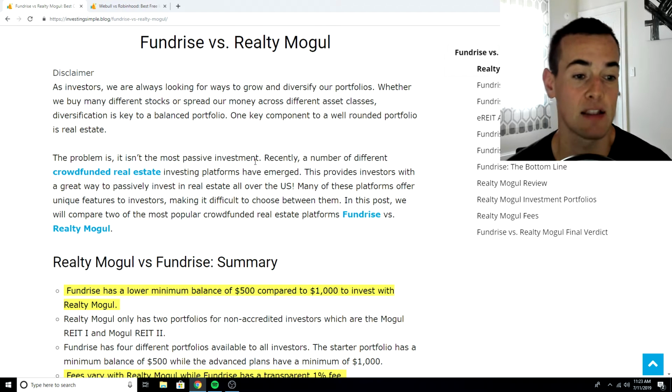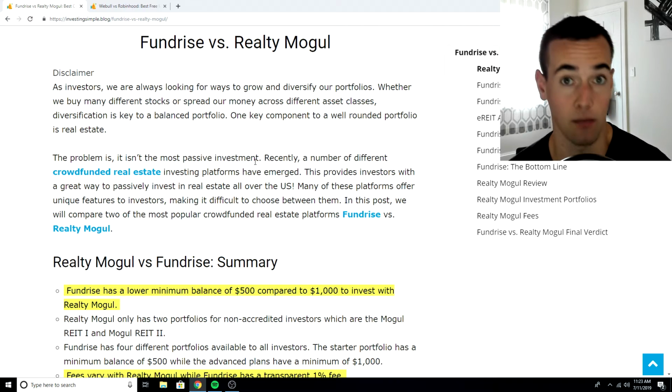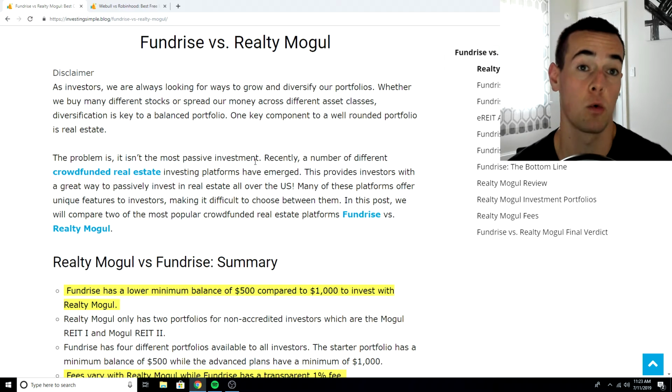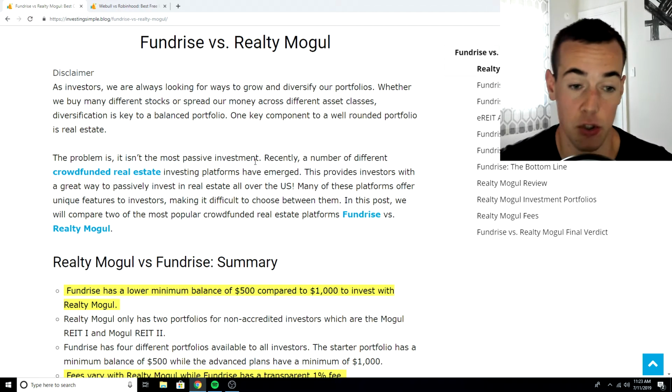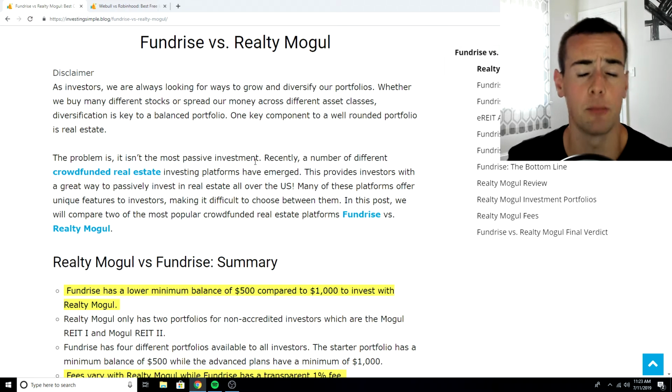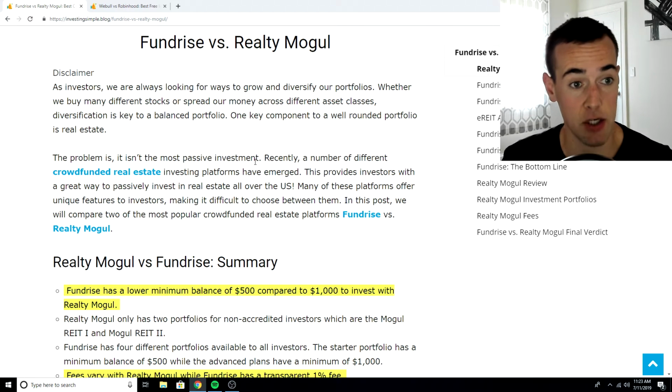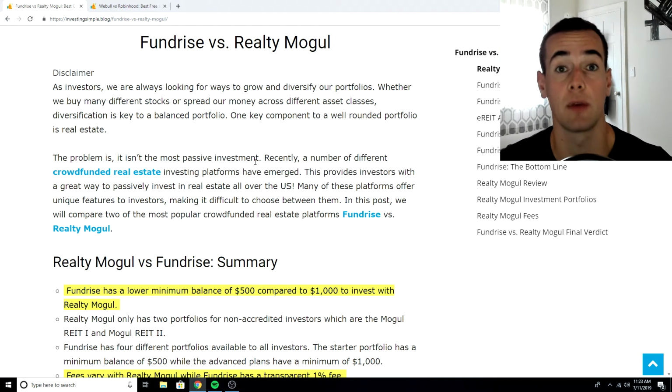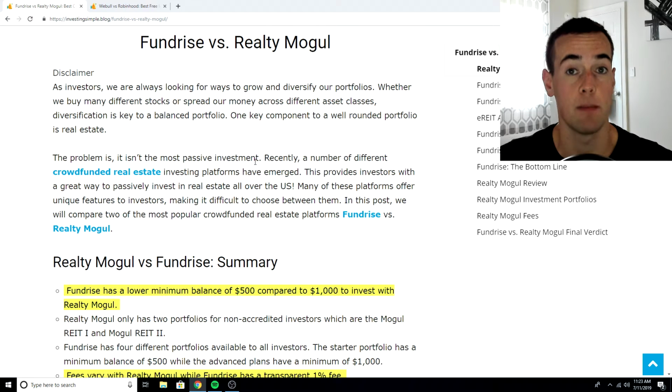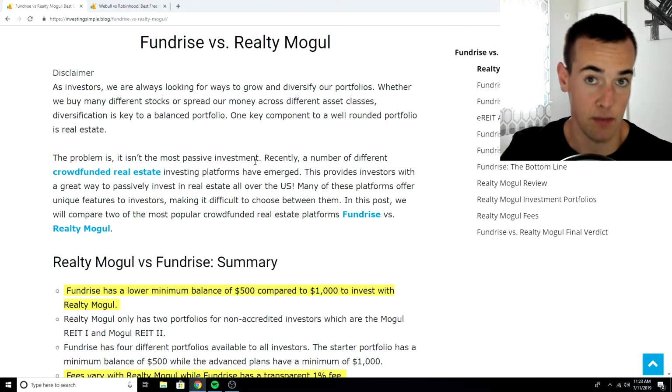Now, in the past, this was an investment that was reserved for high net worth accredited investors, and these were those quote-unquote backdoor deals that you just wouldn't have access to. Due to some changes in legislation, it allowed for everyday average investors to now have access to these deals through something called crowdfunding. That's essentially people pooling together small amounts of money and then collectively purchasing real estate investments.